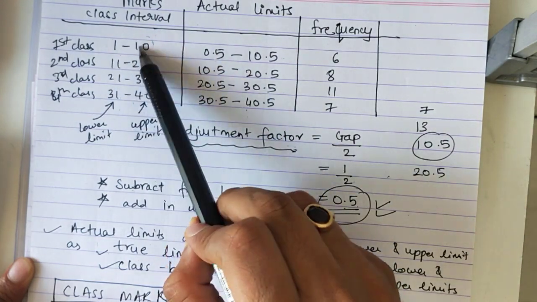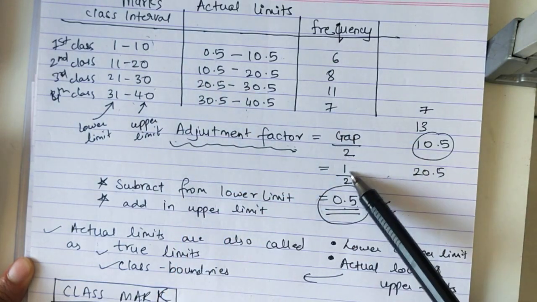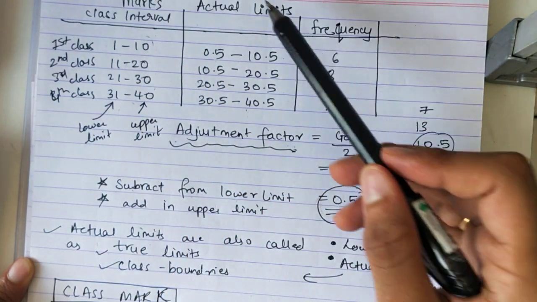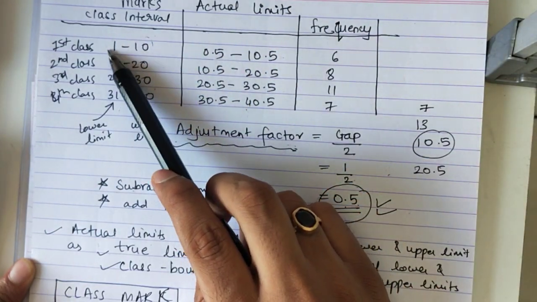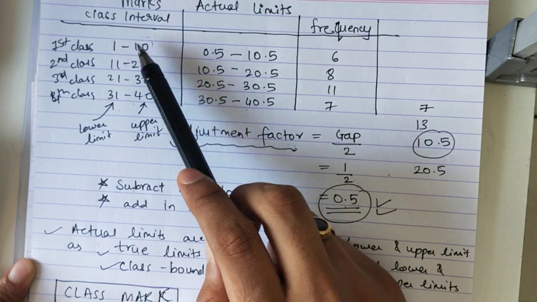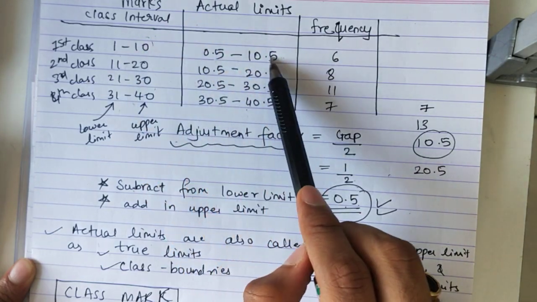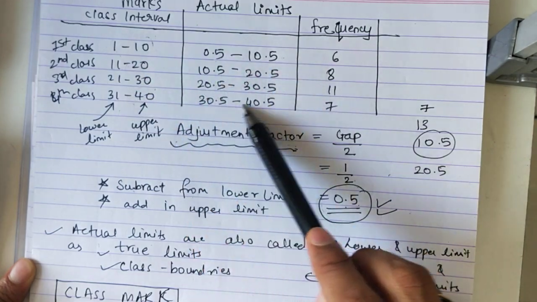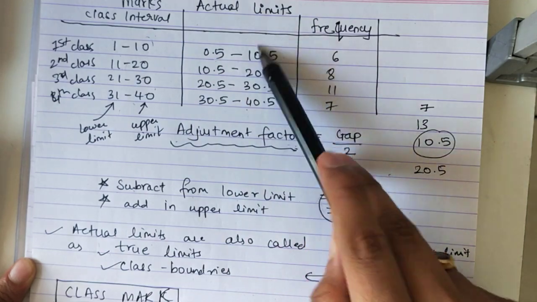Whatever difference you have here, in this case it was 1, you divide that by 2, you get 0.5. To make the actual limits, we subtract 0.5 from the lower limit and add 0.5 to the upper limit. So 1 minus 0.5, 10 plus 0.5. Similarly, we get the actual limits. These actual limits are very important.